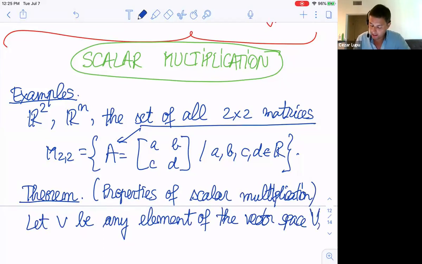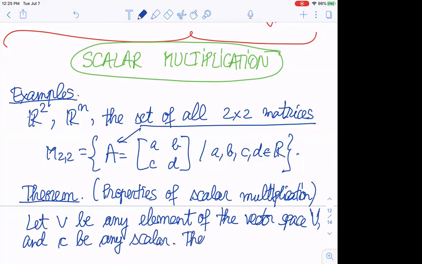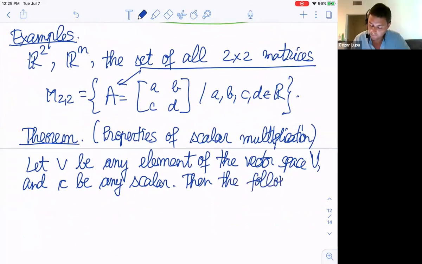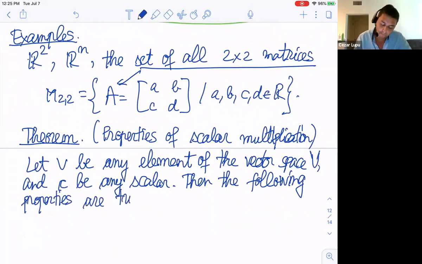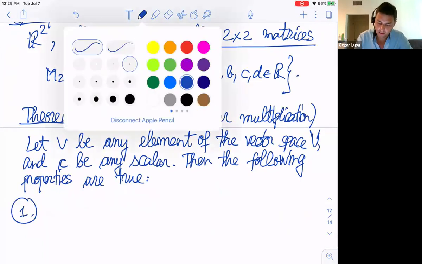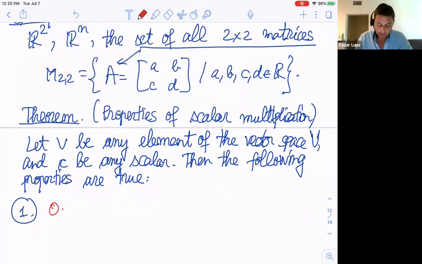And let C be any scalar. Of course, when I say any scalar, I mean any real number. Then the following properties are true. The first one: 0 times v is always 0.